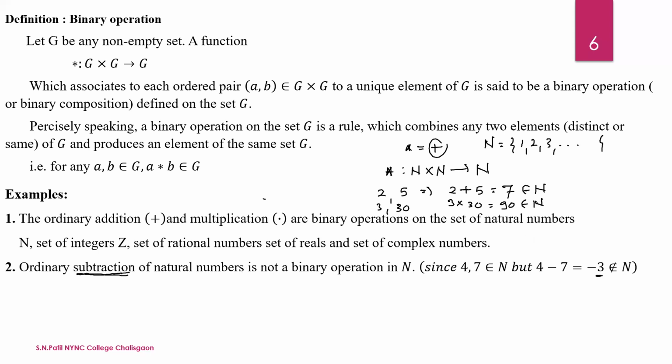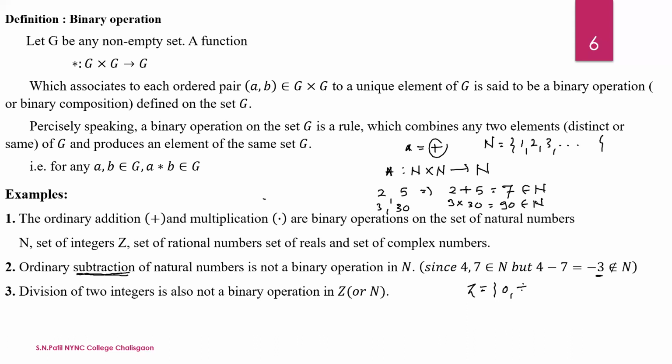Next, division. Division of two integers is also not a binary operation on the set of integers. The set of integers is 0, plus minus 1, plus minus 2, and so on. Take any two elements and take their division.